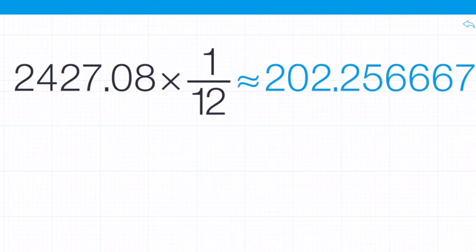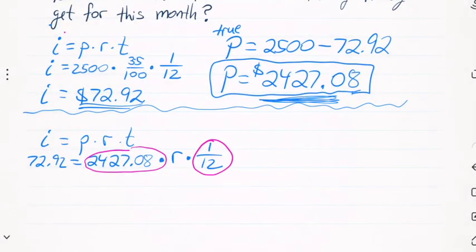So we get 202.2566. So 202.2567 if we round it, times R is equal to 72.92.